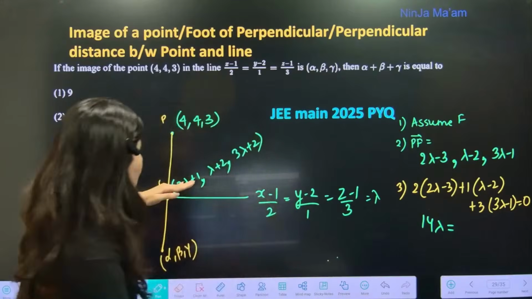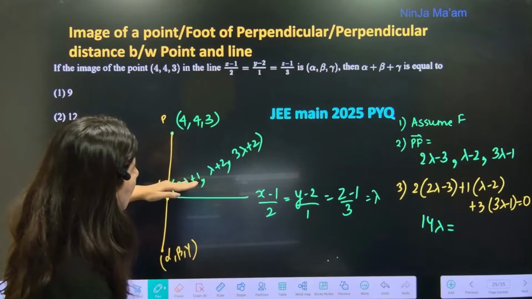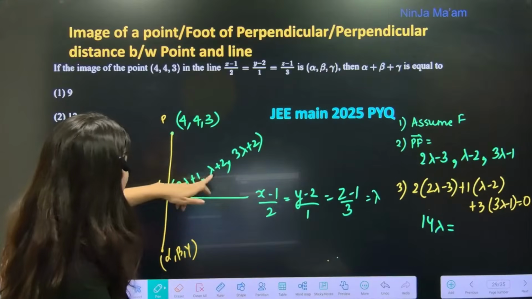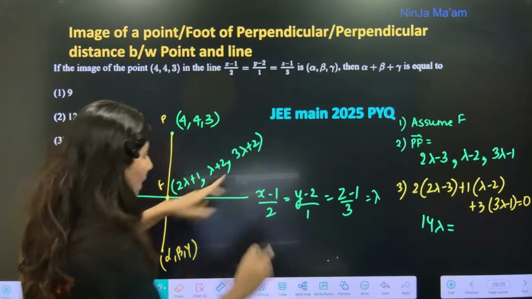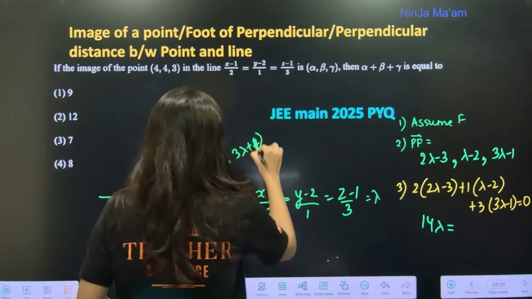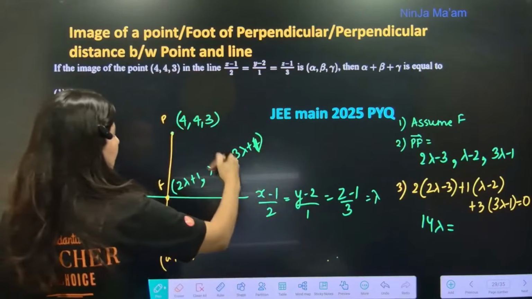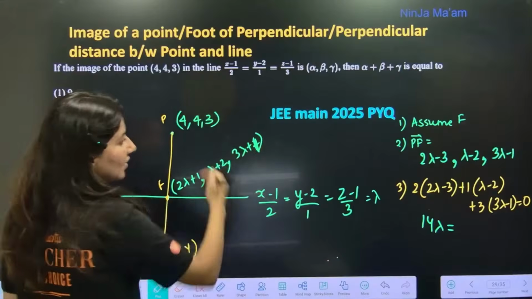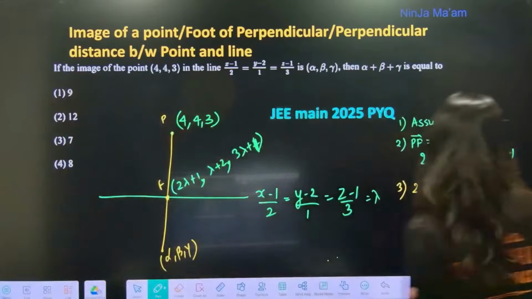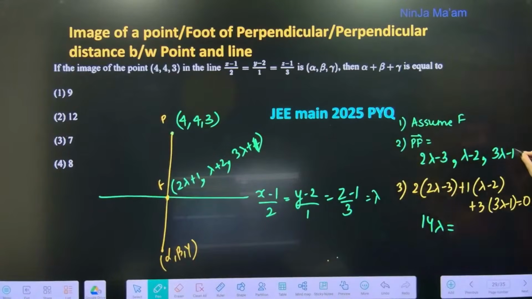Hold on, 3 lambda plus 1, that's the mistake. It should be 3 lambda minus 2 in the PF vector, so the constant is minus 6, minus 2, minus 6 is minus 14. So lambda is coming out as 1.